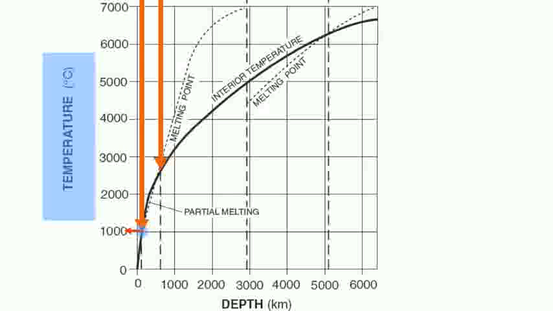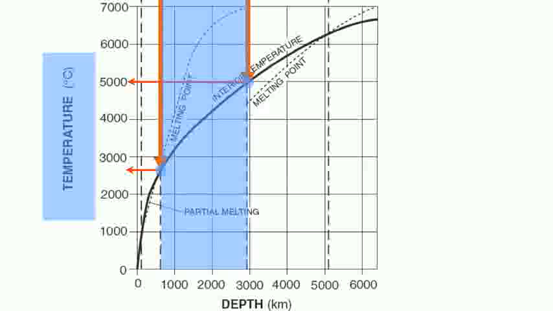So the asthenosphere is going to begin at about 1,000 and extend to about 2,600 degrees Celsius. There's your asthenosphere. Where your asthenosphere ends, the stiffer mantle begins, 2,600 degrees Celsius to about 5,000 degrees Celsius. There's your stiffer mantle.